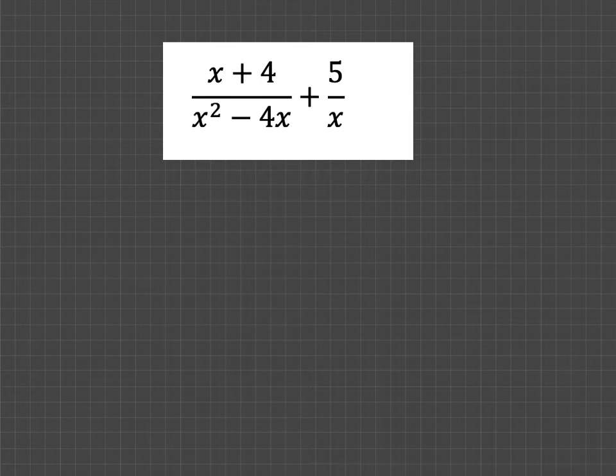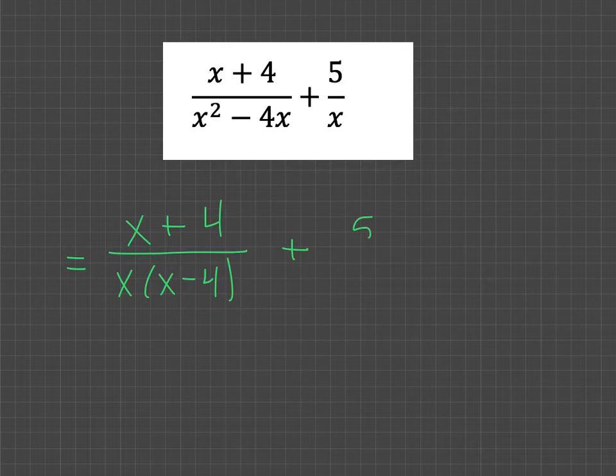On this one, we're going to need to start off by factoring the denominator in the first rational expression. We can factor out an x as a common factor, the greatest common factor. It leaves x minus 4, and then we have plus 5 over x. Now, looking at shared factors, we have x in common on both rational expressions. What we're missing is the x minus 4.